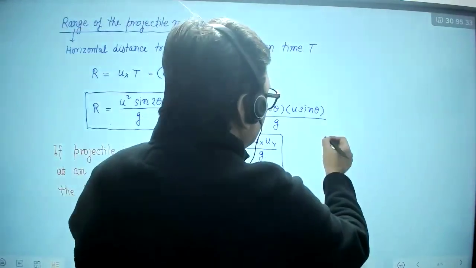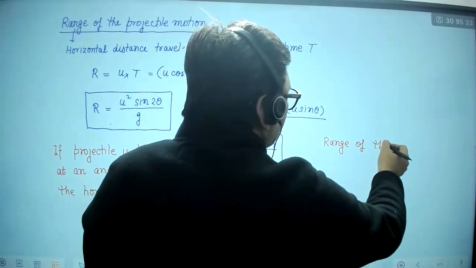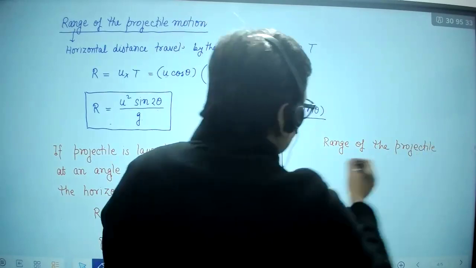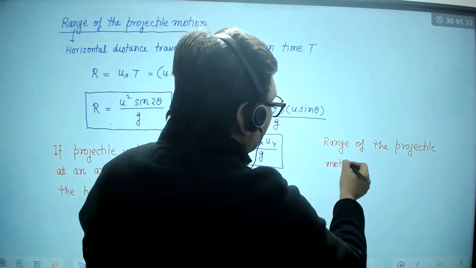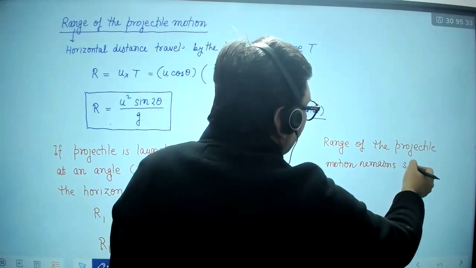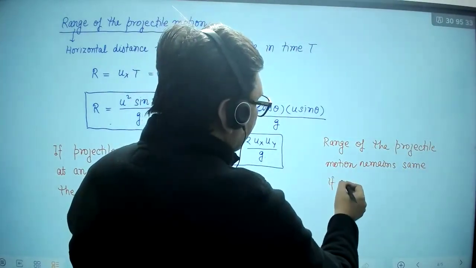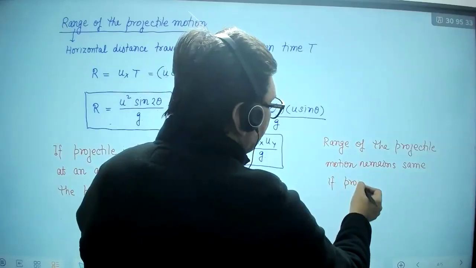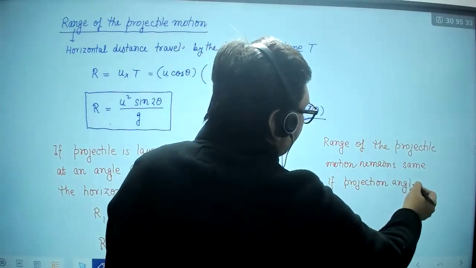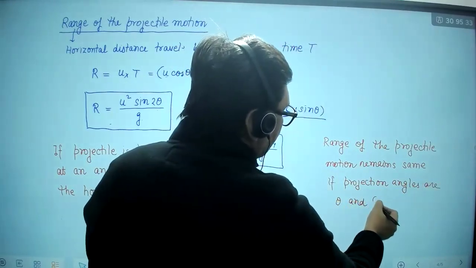So you can write that the range of the projectile motion remains the same if the projection angles are theta and 90 minus theta.